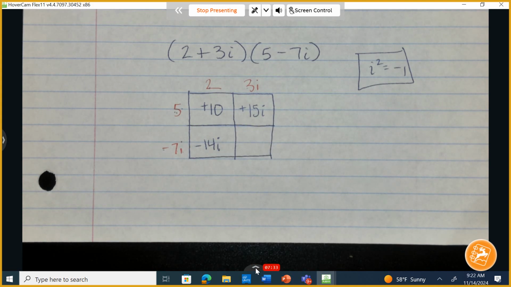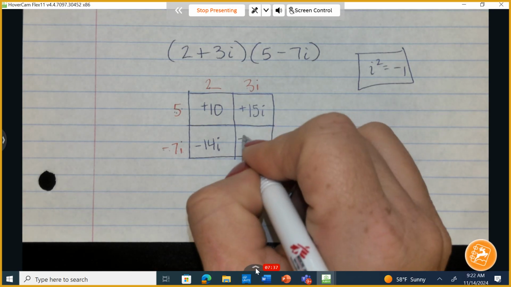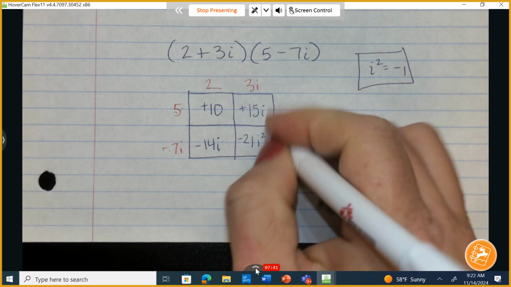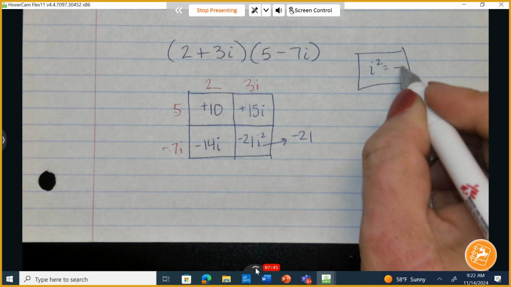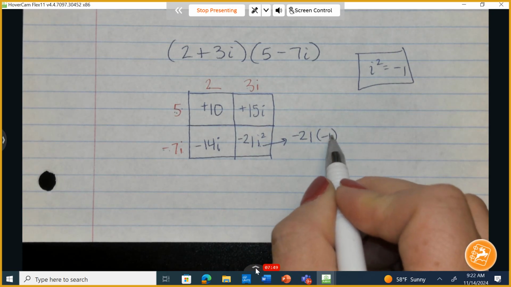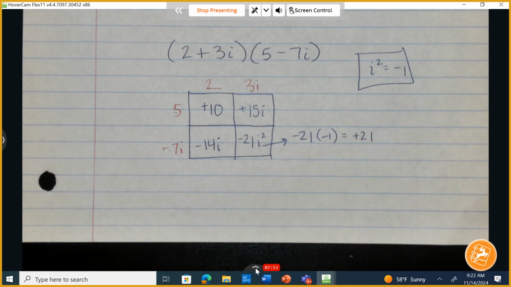And our final space is negative 7 times positive 3. Okay, that's a negative 21, but then I have 2 i's. i times i is i squared. Now I need to keep going here. I know that i squared is equivalent to negative 1. So now I have negative 21 times negative 1, which equals positive 21.